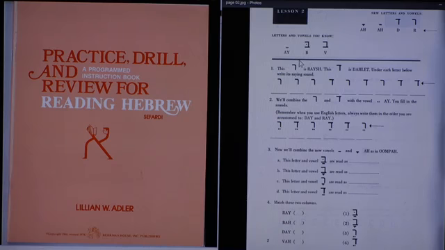What I'm going to try to do is go through the upper bar part of the book quickly so we get the letters. Now, it's important to have the alphabet down.